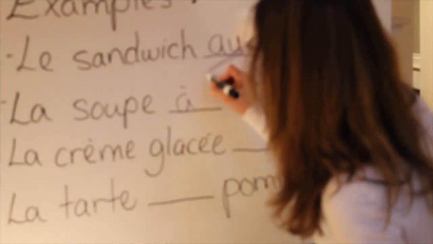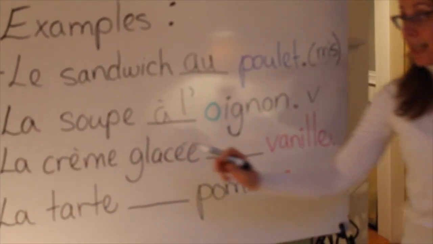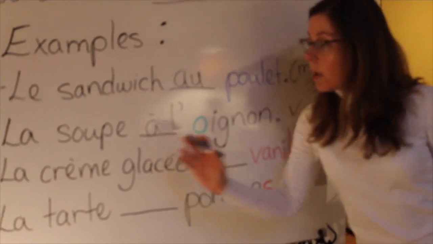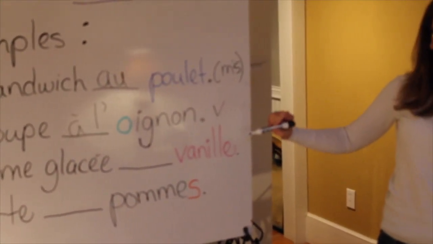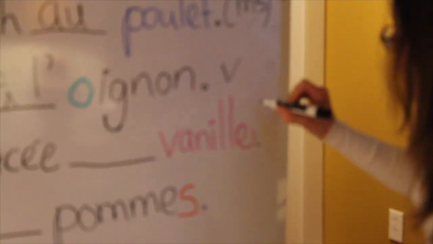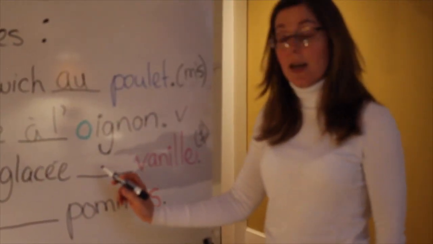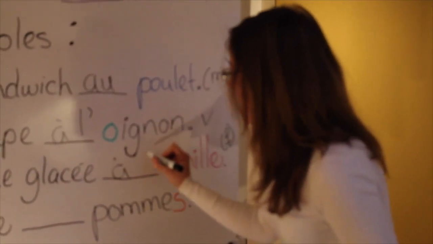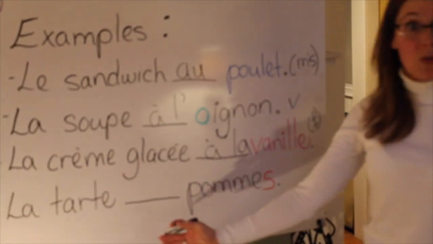So, à l'. La crème glacée, vanille. You know very well this one. But what you don't know is that vanille, look at it, it's pink. Vanille, vanilla. Vanille is feminine. Okay? So what are we going to be using here? That's right. À la. And now the last one, it's the dessert.